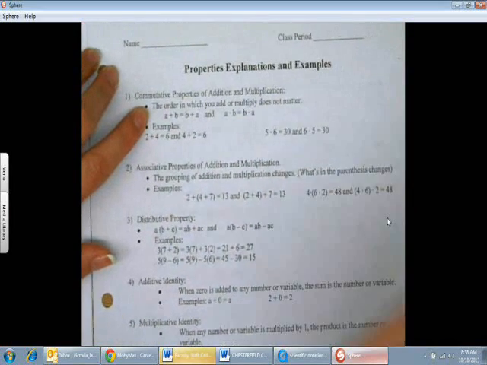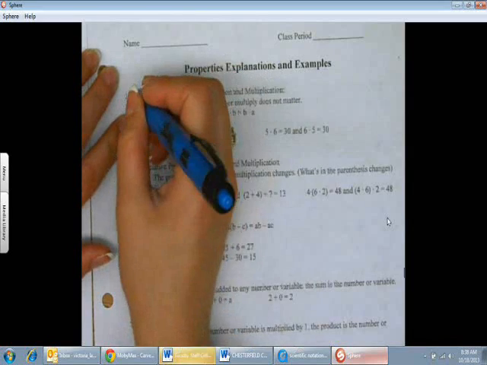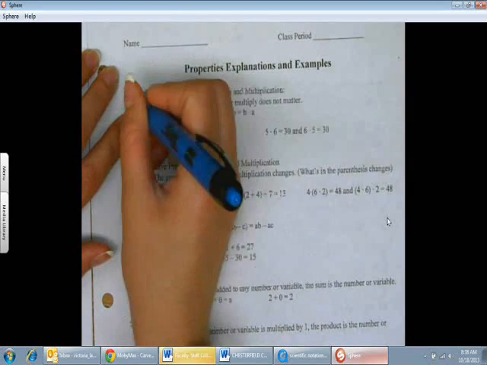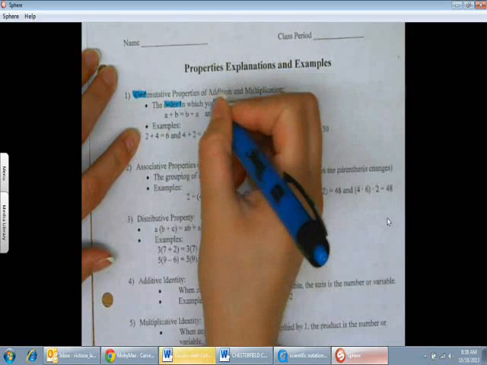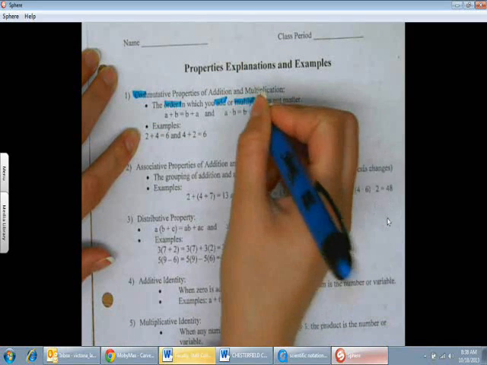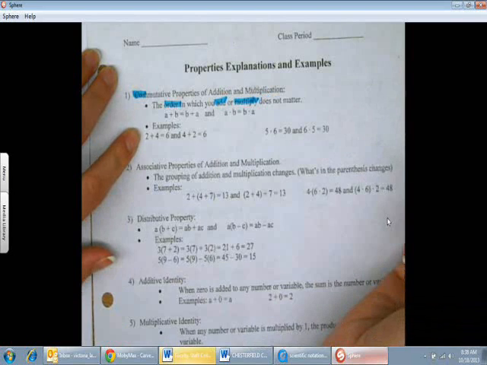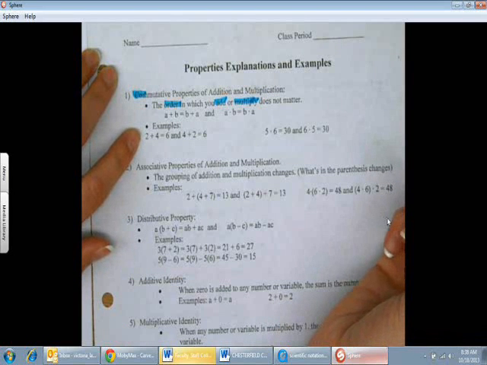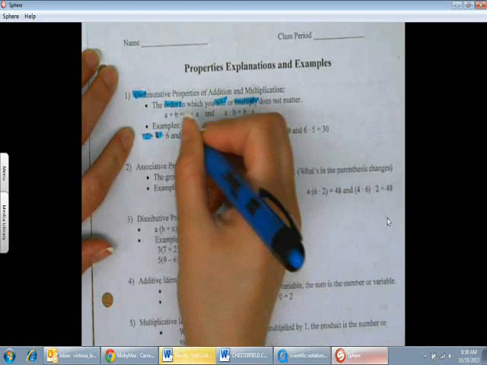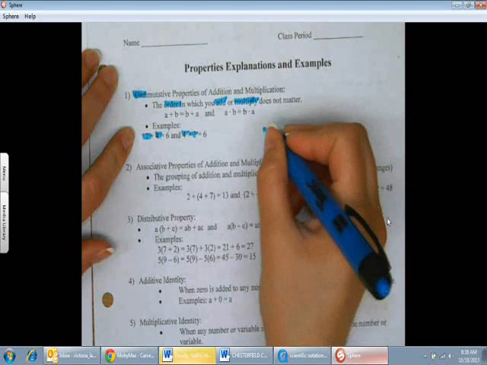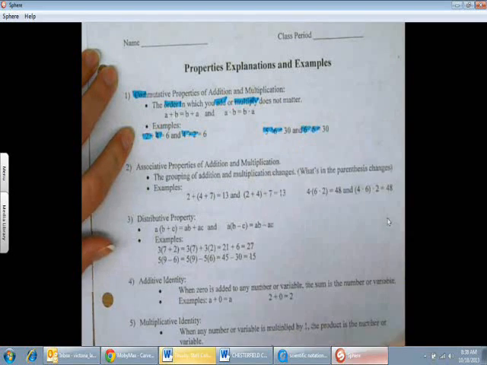Note, subtraction and division are not the same. Okay, so here it's 2 and then 4, and here it's 4 and then 2. 5 times 6 is the same thing as 6 times 5.